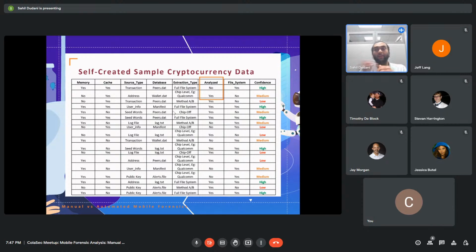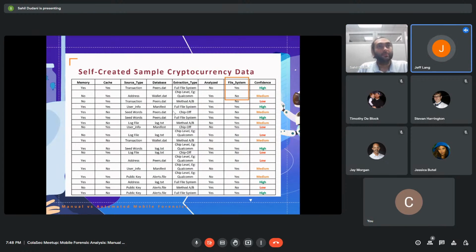In the case of the file system, if I see it in the file system, I would place more confidence in it because I know the source of it. In the case of analyzed data, sometimes it may be hard to prove where the data came from, how it was populated, how it was parsed, or what went behind that. That's why I would place more confidence on the file system. And based on all of these factors, I would take a decision on how confident I am about a certain artifact.